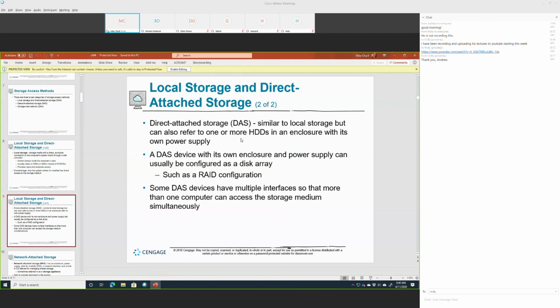So they changed it. A DAS device with its own enclosure and power supply can usually be configured as a disk array, such as a RAID configuration. You can do that too. Some DAS devices have multiple interfaces so that more than one computer can access the storage medium simultaneously.